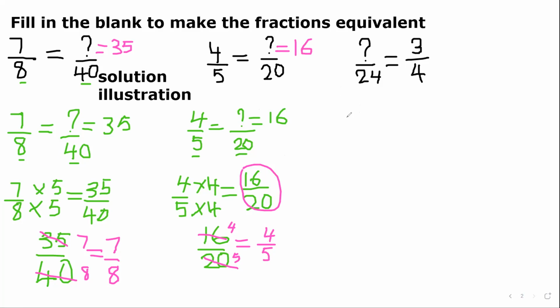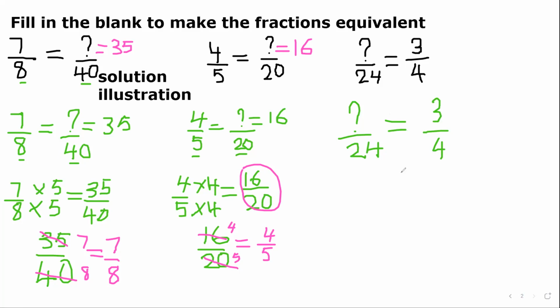Now for this question here, the last one, which is a question mark over 24 is equal to 3 over 4. Okay, and we said before you can get equivalent fractions, we use counting numbers to multiply the given fraction, and then we arrive at another fraction that will be the same, and the number that will be used to multiply the denominator must be used to multiply the numerator as well.